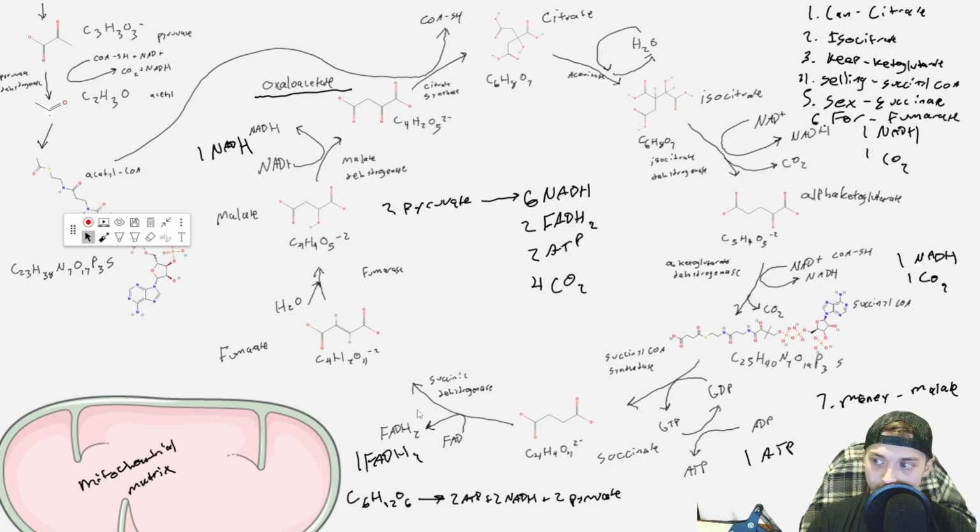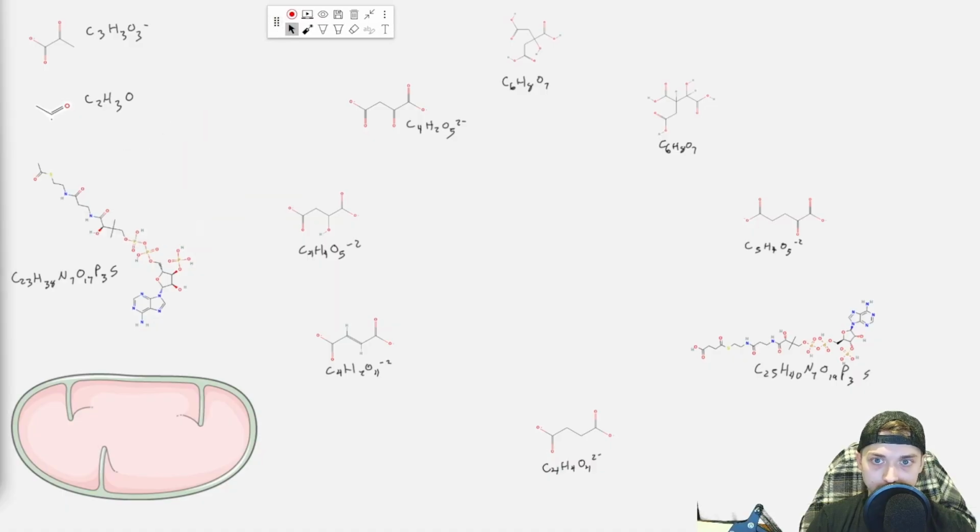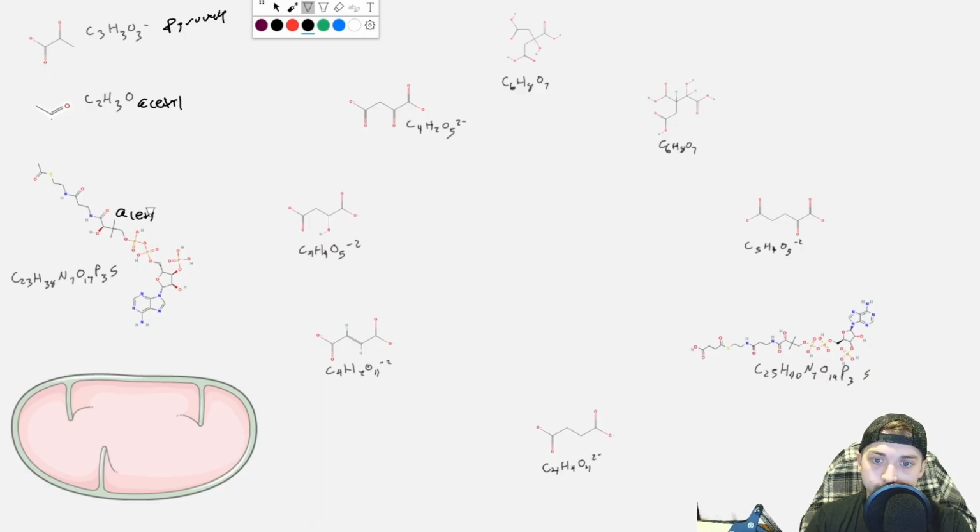All right, next slide. So we have a blank here. We are going to draw out all of the steps of the Krebs cycle. Let's actually just label everything first. So we got pyruvate, we got an acetyl group, then we got acetyl-CoA. And remember, our mnemonic, can I keep selling money, officers?